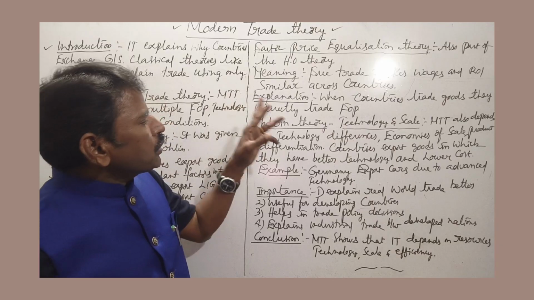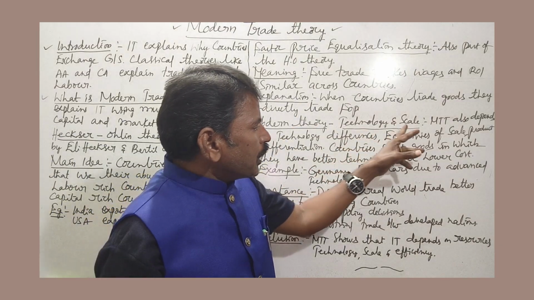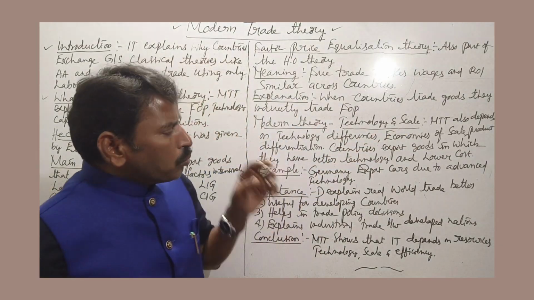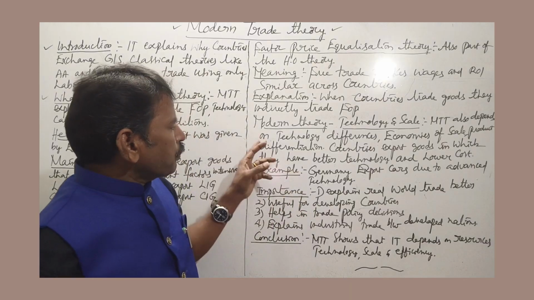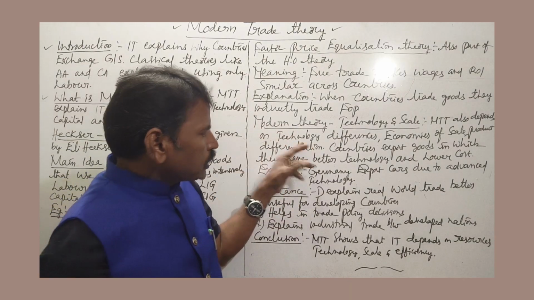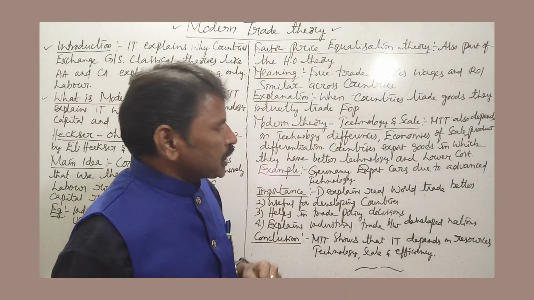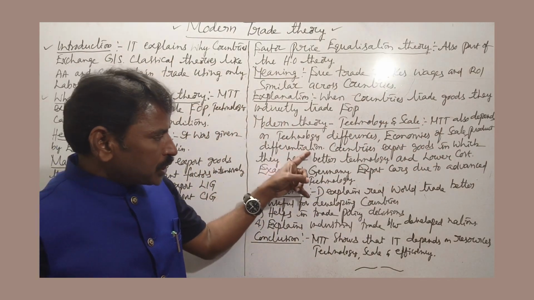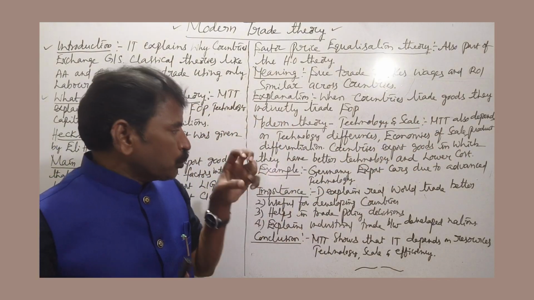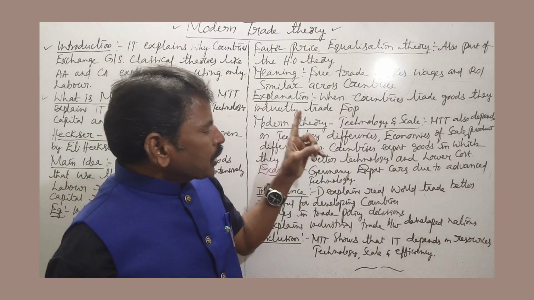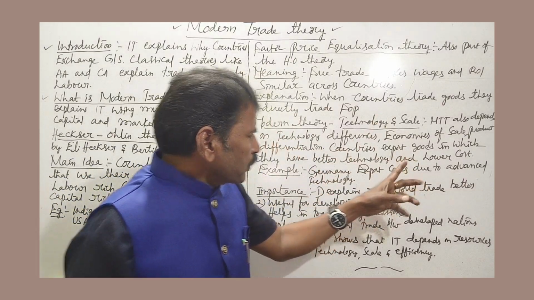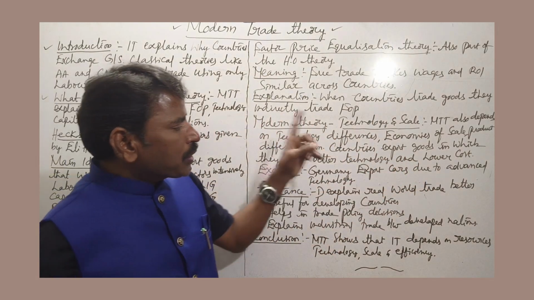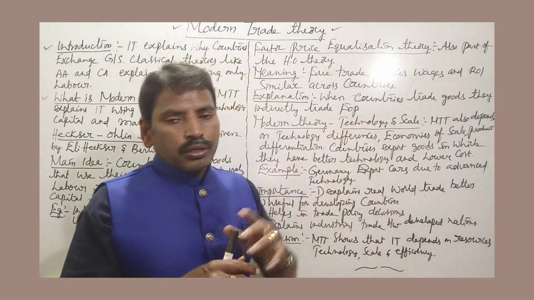Next, modern theory, technology and scale. Modern trade theory also depends on technology differences, economies of scale, and product differentiation, that means heterogeneous products. So, countries export goods in which they have better technology and lower cost.